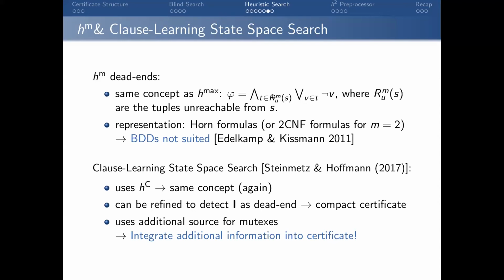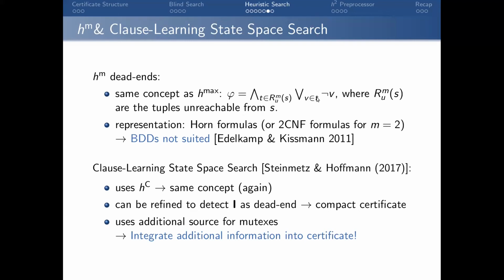Now, if the representations are not that free anymore, we can still use Horn formulas because each clause contains only negated variables. We could also use 2CNF formulas if we have only the H2 heuristic. For H3, that obviously doesn't work because then we have size 3 here.